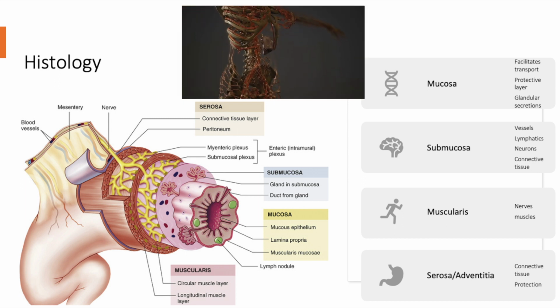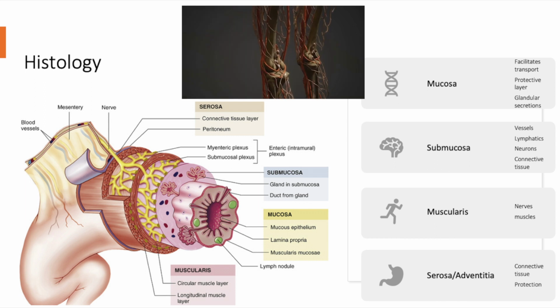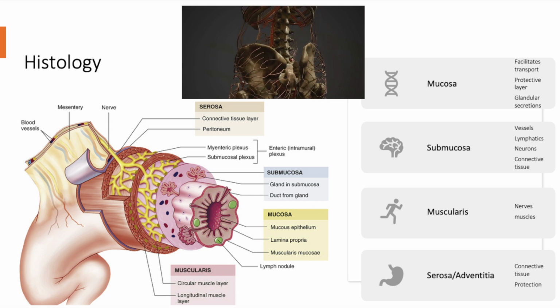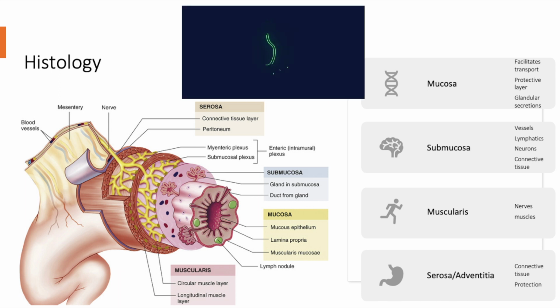In the upper GI submucosa, blood vessels and lymphatics perfuse and drain the GI tract, while neurons and connective tissues provide control, feedback, and adhere the layer to deeper layers for stability. The muscularis layer is exactly what it sounds like: muscle and the associated nervous tissues to control function of those muscles.